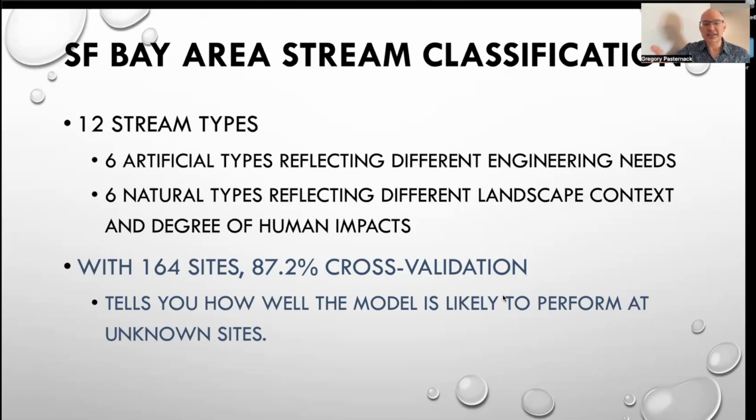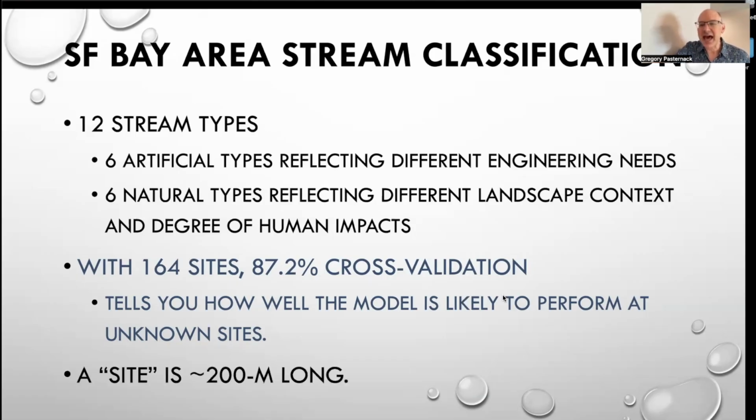With further analysis, that number has gone down a little bit. I think we're at 83% cross-validation right now in the latest iteration of the statistical analysis. But in any case, what this number tells you is that the model that makes the classification is very accurate. This is the high end for this type of statistical analysis.